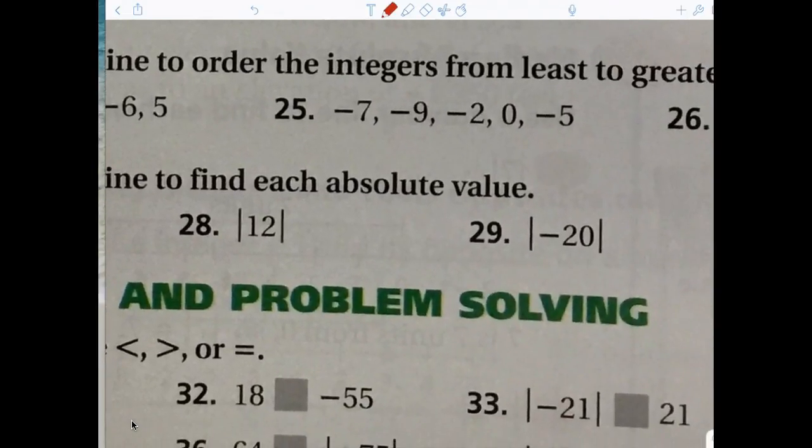Now, everybody do 25, and then Avery, give me 5 seconds. While everybody's doing 25, now you tell me the answer. Go. -9, -7, -5, -2, and 0. You're perfect. Very good. Everybody happy with that explanation? That's very easy. I told you.